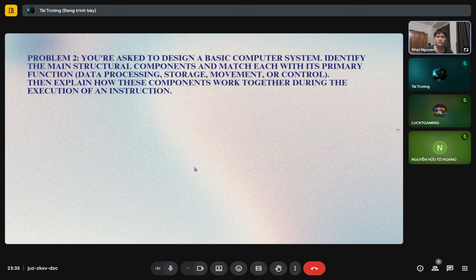Problem 2: you are asked to design a basic computer. Identify the main structural components and match each with a primary function: data processing, storage, movement, and control. Then explain how these components work together during the execution of an instruction.